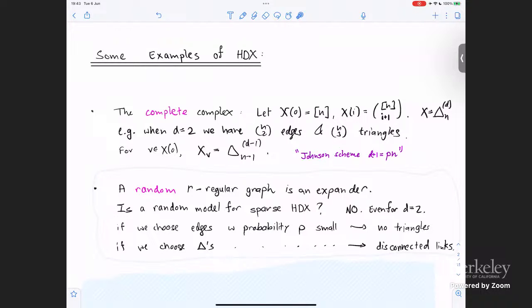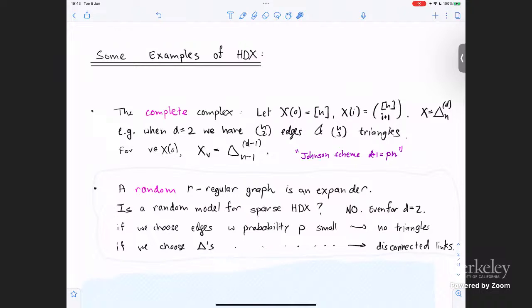And let's look at 2 examples. If you choose edges, each one with probability p, then if you take p small enough to consider this to be sparse, you'll not get any triangles. You can also try to say, no, I'm going to choose triangles at random and just put them in my graph. You can do that, but then if you look at a vertex and you look at its link, this vertex participates in some number of triangles, but each of these triangles will kind of be disconnected.